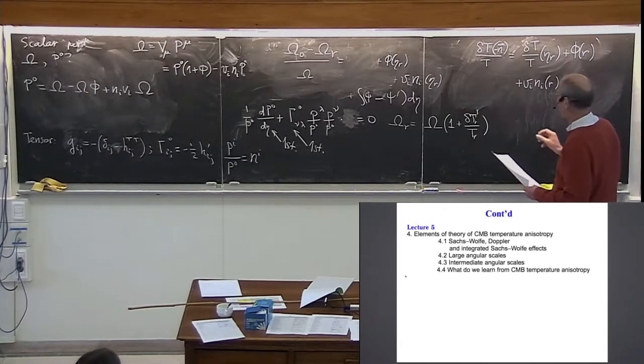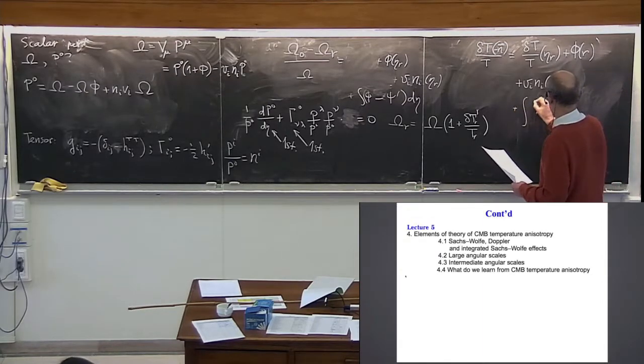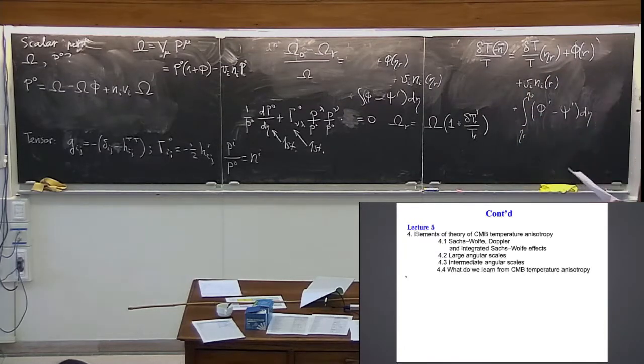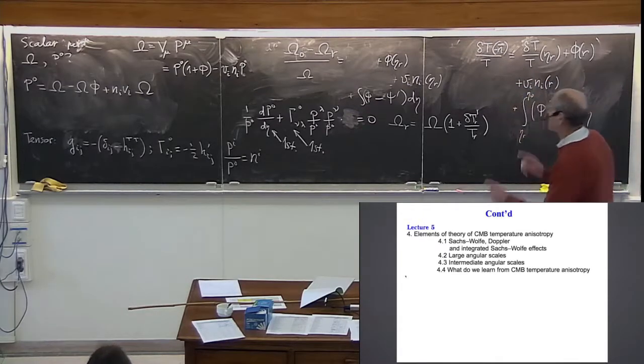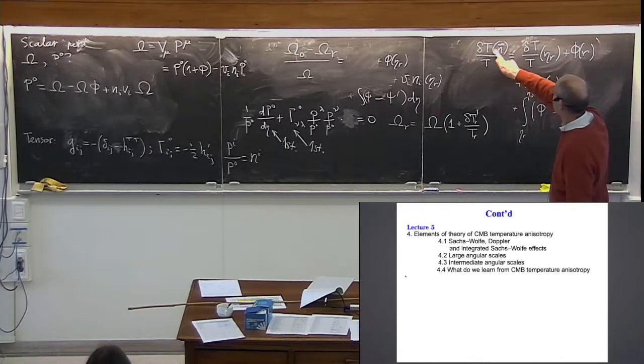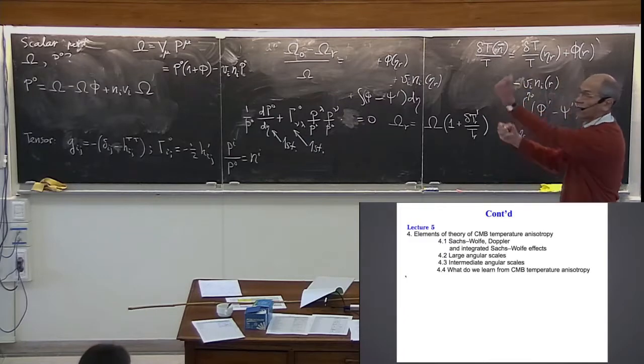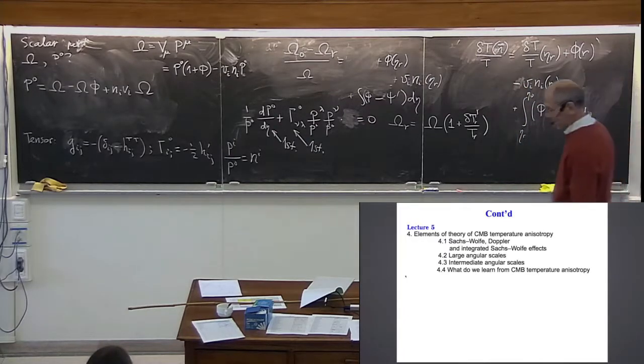And finally, I have the integral along the photon path of phi prime minus psi prime d eta from eta recombination to today. Okay? So if I'm interested in the direction in the sky, then I change the sign here and I change the sign here. My photon moves towards me. Okay? Good. So that's it.